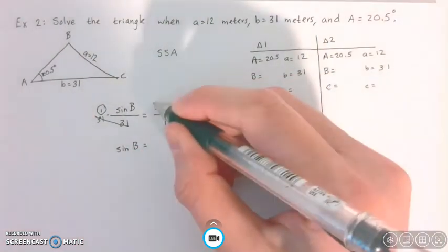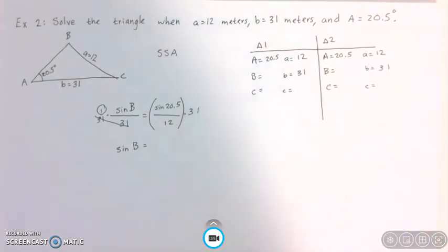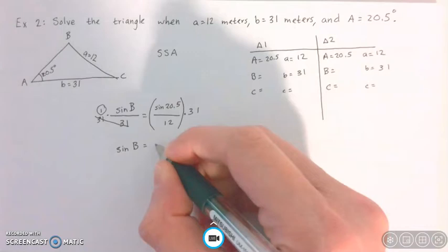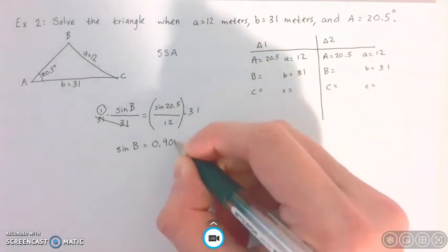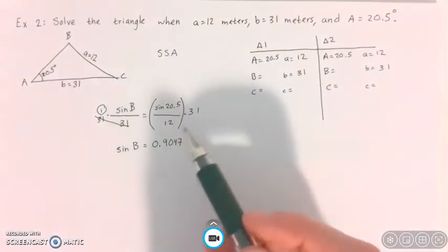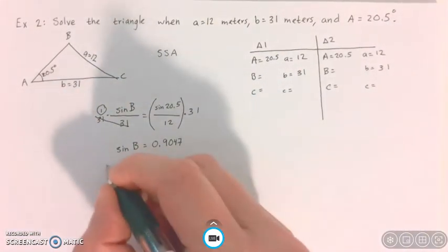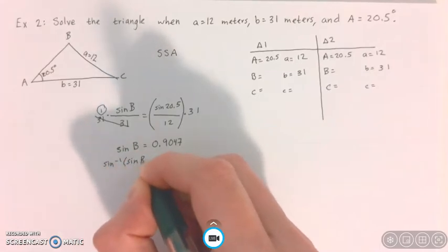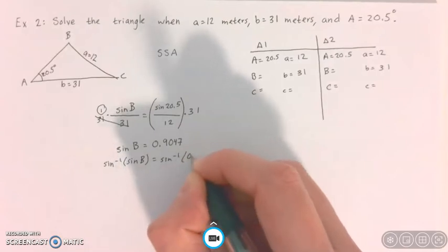If we plug all of this into the calculator, we're going to get approximately, I'm just going to round, 0.9047. But remember that I'm just looking for angle B, not sine of B. So we're going to use our inverses, sine inverse of sine B, and we're going to do that on both sides.